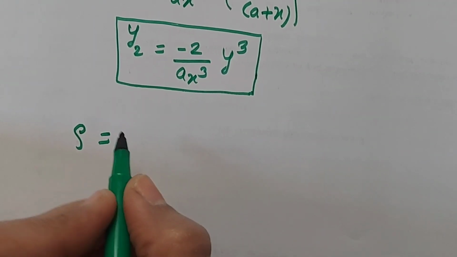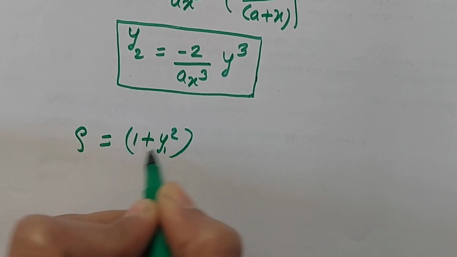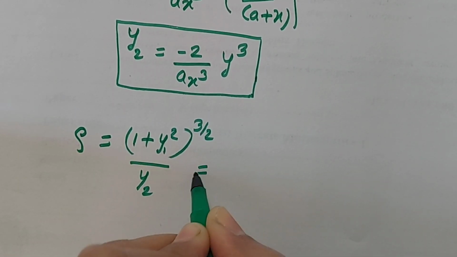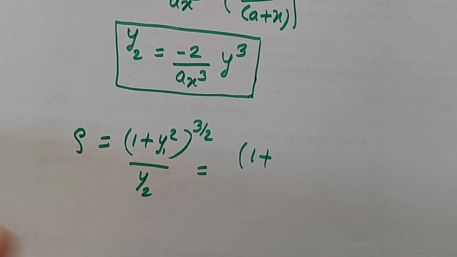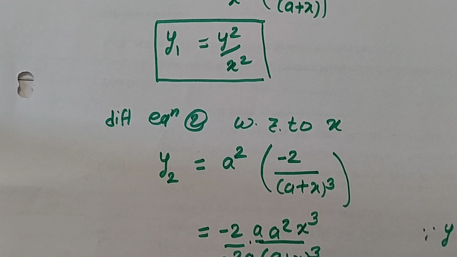So here rho is equal to (1 plus y1 square) raised to the power 3 by 2 divided by y2. So 1 plus y1, where y1 is y square divided by x square.